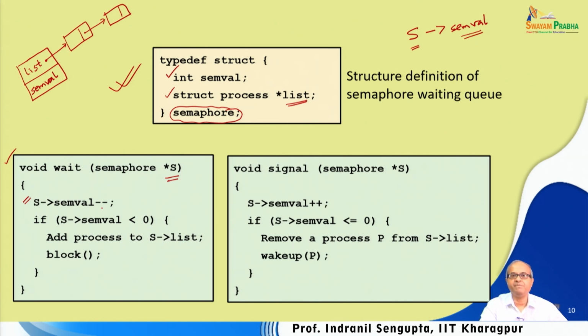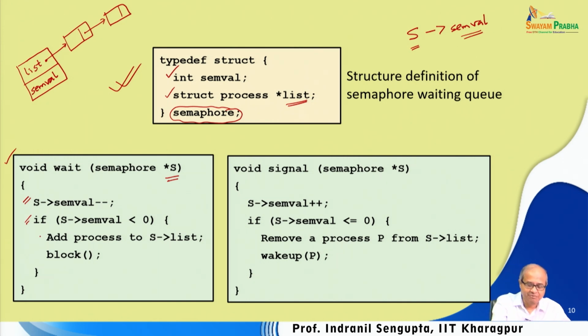Now, after decrementing, it checks whether the value of semval has become negative. If it has become negative, then the process which has called wait, you put it into the blocked state. How do you do that? You do two things.